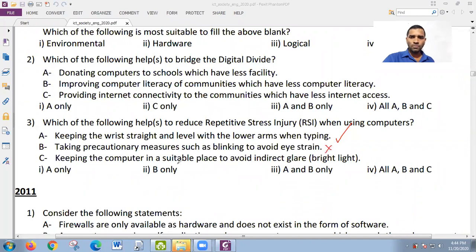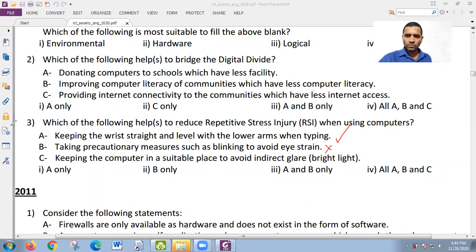C, keeping the computer in a suitable place to avoid indirect glare, which means bright light. So, you know, bright light can affect your computer. If you are locating your computer near a window or something, so sometimes direct light can affect that. So you have to find a suitable place for your computer.